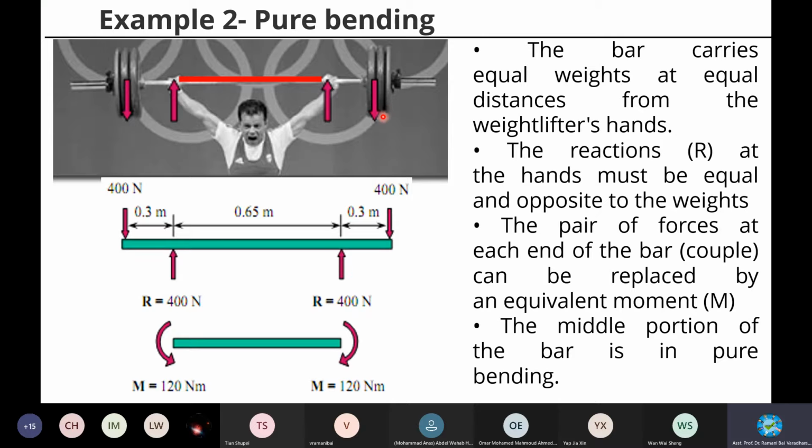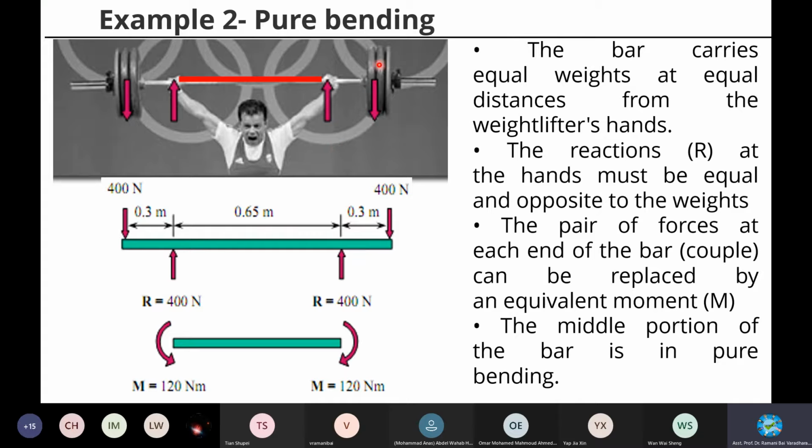And then normally if this is supported at some points, maybe at the ends or here, automatically there will be a reaction created, right? See, this gentleman is lifting up. Lifting up, what does that mean? He is reacting in the opposite direction to the load induced by gravity. The load is acting downward due to gravity, but he is acting in the opposite direction by lifting it up.